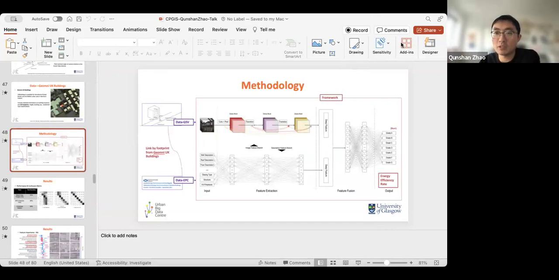When we have this kind of data set, it helps us understand, if we don't have an EPC, we just use the street views and the satellite images to understand the building efficiency.